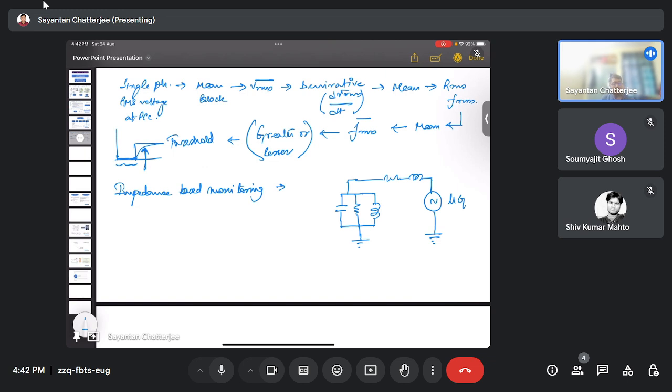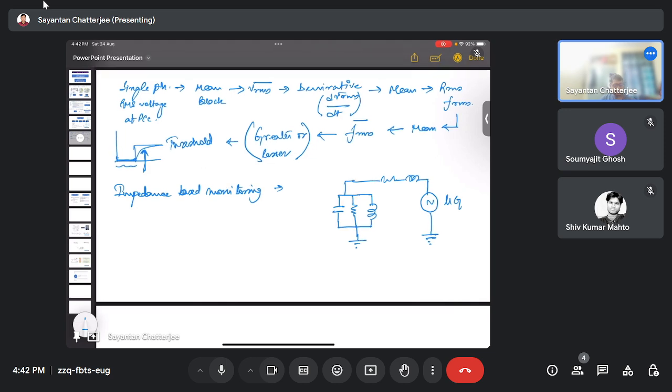In the previous case, the impedance would be governed by both the grid side impedance and the microgrid side impedance, consider that Z pre.